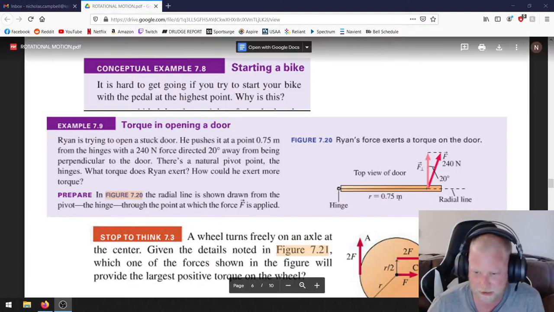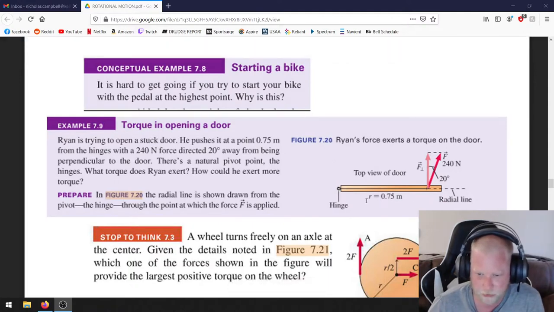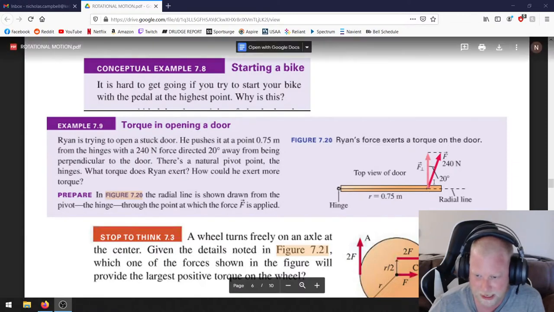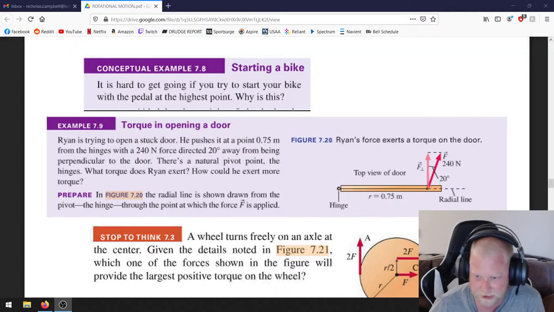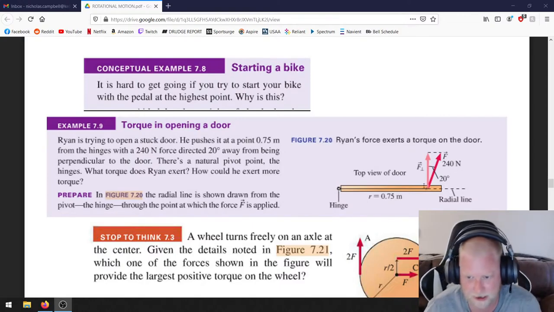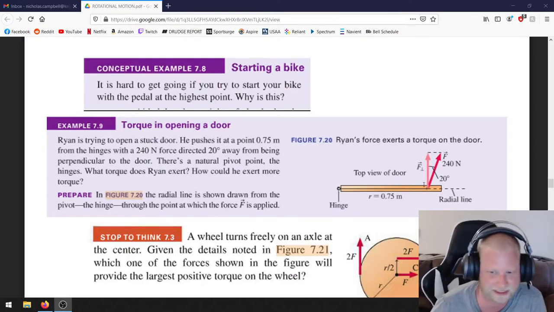So they give us a nice little image here. Right, we know the radial line is 0.75 meters. We know that that force is directed 20 degrees from the perpendicular. And we know that only this perpendicular component of the force is actually going to assist in any rotational motion.